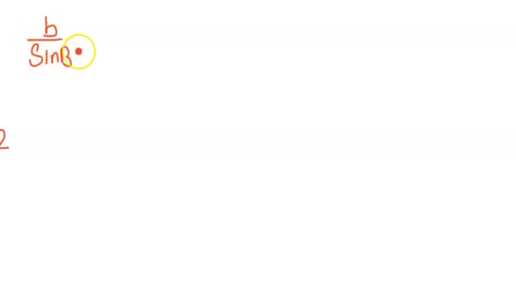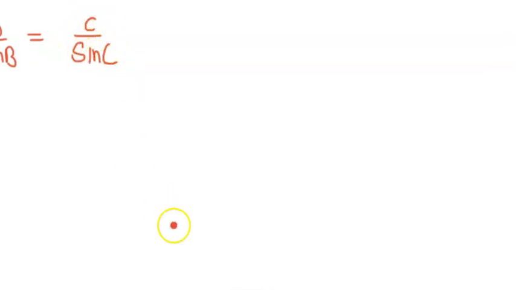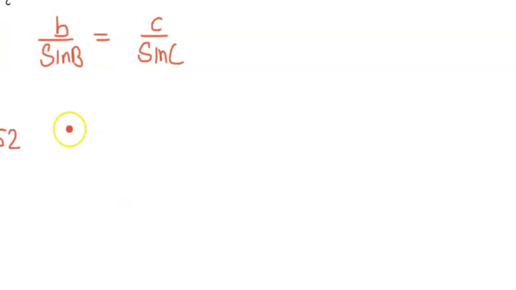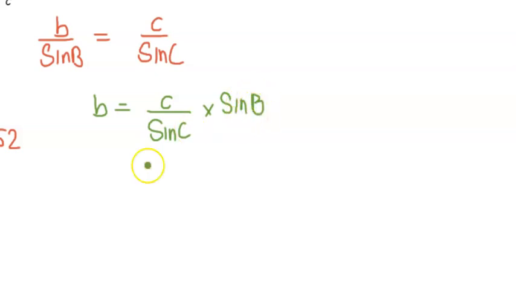Now to find the b, you need to use this formula. b over sine B equals c over sine C. And then rearrange the formula and plug in the values.